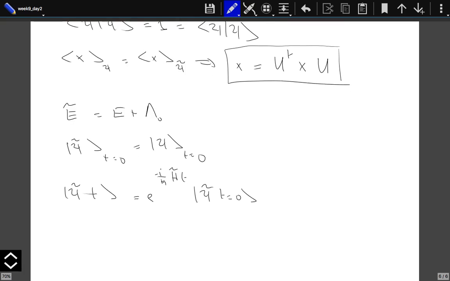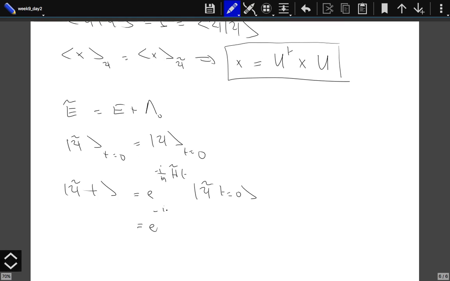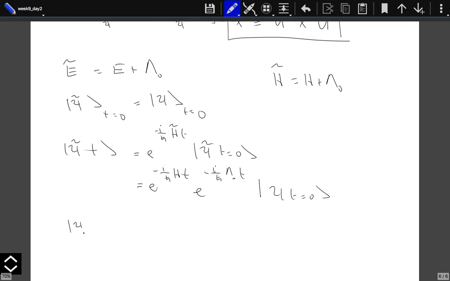Now, this is e to the power minus i over h bar h t times e to the power minus i over h bar lambda 0 t, basically because h tilde is h plus lambda 0. Well, psi tilde at t equal to 0 is just psi at t equal to 0. So psi tilde of t is nothing but e to the power minus i over h bar lambda 0 t times psi of t.